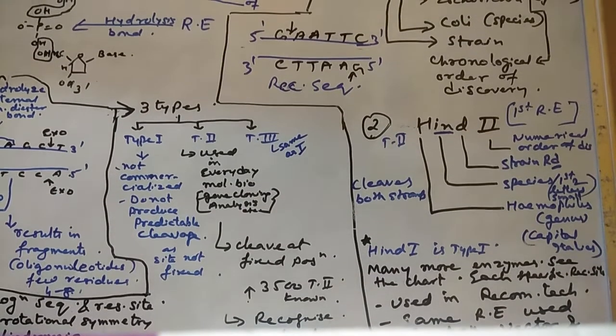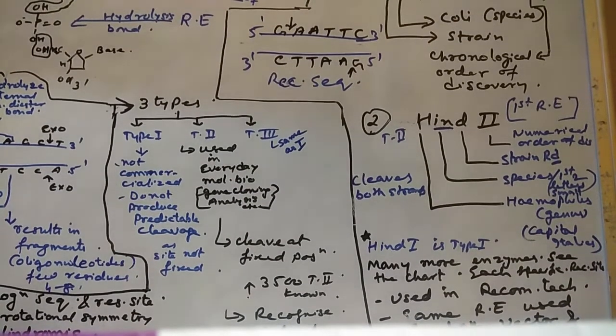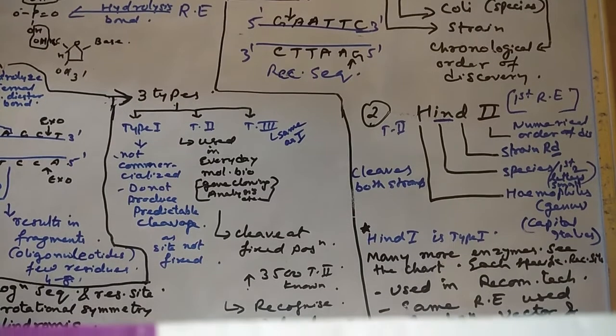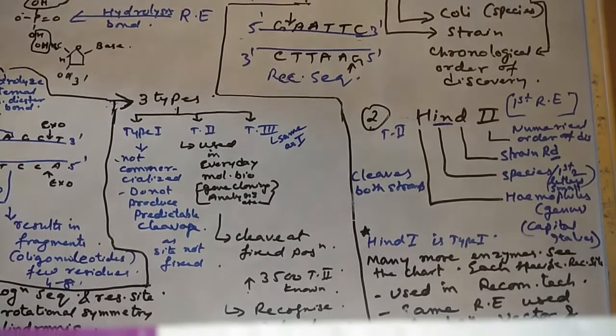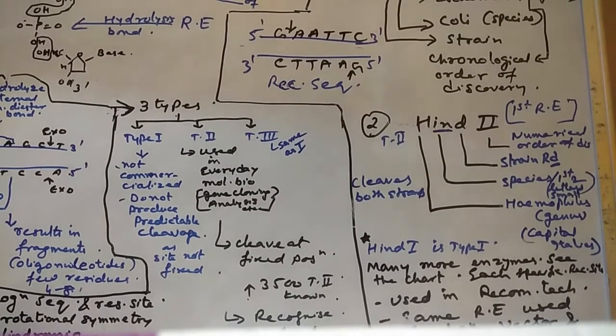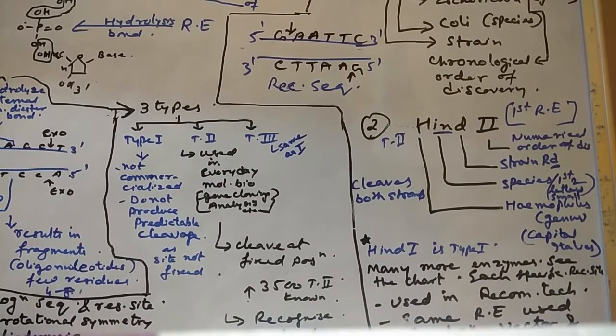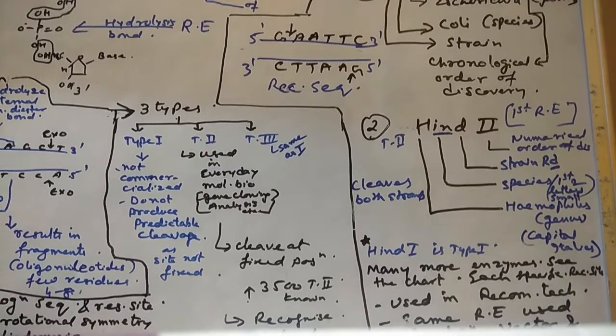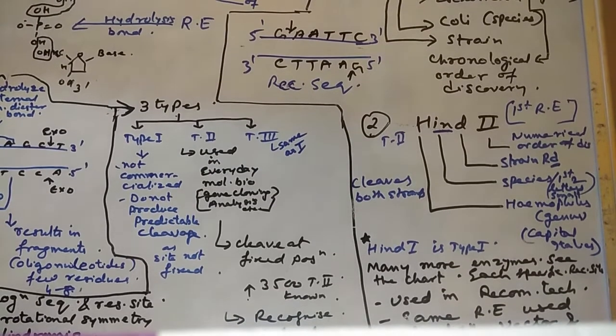In type 2, HindII is the first restriction enzyme discovered, so it is designated with Roman numeral II. So if you are asked which is the first restriction enzyme to be worked with, it is HindII. Though its Roman numeral is II, it is the first restriction enzyme under type 2.